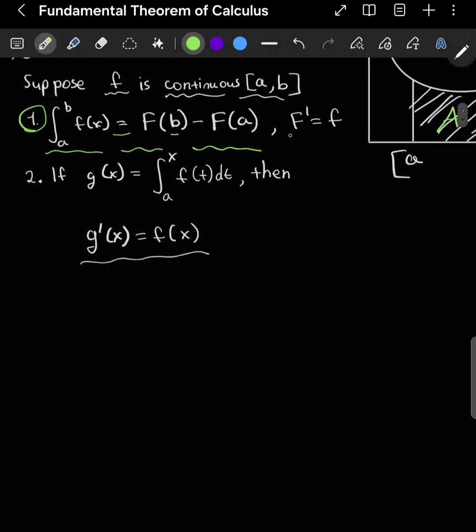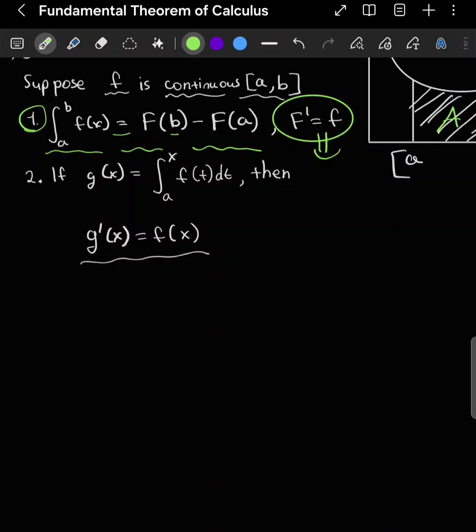If you just see this one, you will understand. If we take the derivative of the antiderivative, it's going to give us f. So basically, the integral is an inverse of the derivative.